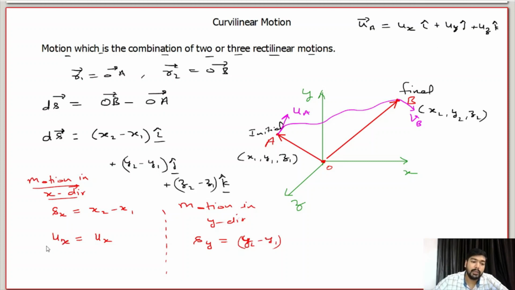So ux means the velocity in the x direction. Clear? Same, the initial velocity in the y direction is uy.